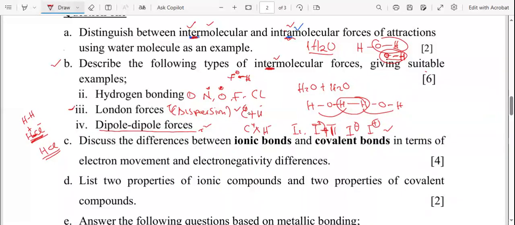Then we have random forces. I gave an example of hydrogen and carbon like that. These are forces caused by temporary dipoles due to the movement of electrons. Once we leave that, that will be negative, then that will be positive once electrons are shared. So they can only bond with different charges like that. That is what I mean when I say random forces.